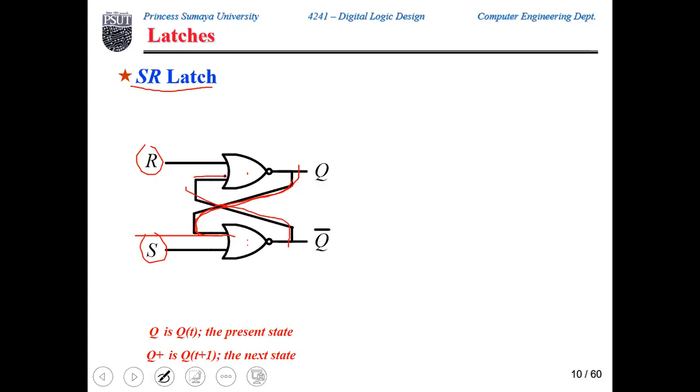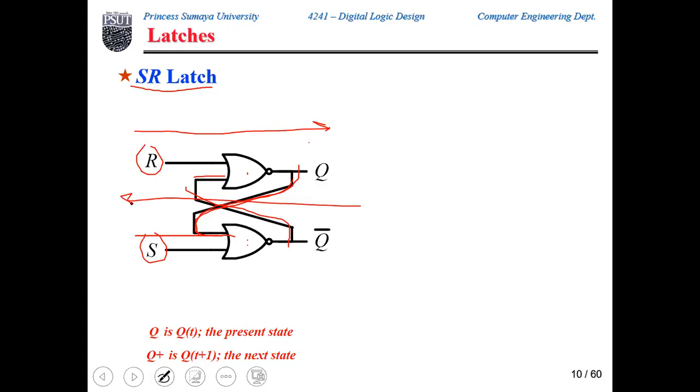And this is something we have never seen when we talked about the combinational circuit. In combinational circuits, we always saw that the data flows from left to right, from inputs to outputs. However, in this storage element, we see that information also flows in the backward direction, from output to input, from Q to R.